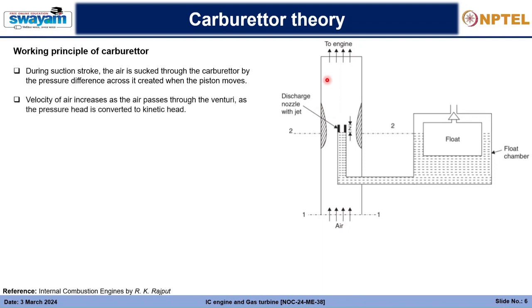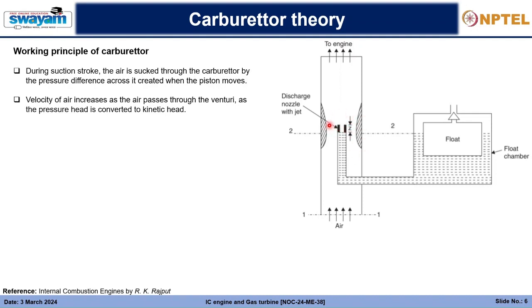As the air flows in, it increases its velocity as it flows through the venturi throat, because the cross-sectional area is now decreased in comparison to out here. Accordingly, the air velocity increases and the pressure out here decreases.